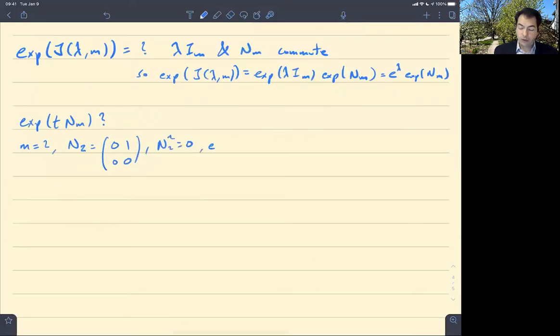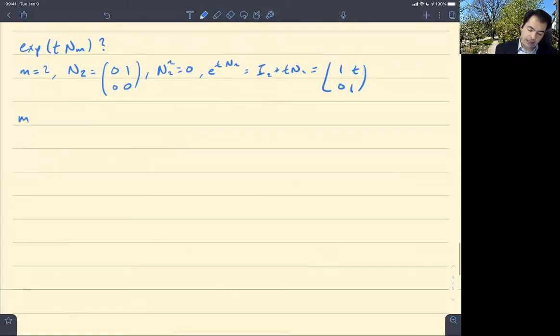So then it's easy to figure out what e to the t N2 is, because you just write down the series and you get I2 plus t N2, and then you stop. All subsequent powers are 0. So that means that we have 1, t, 0, 1, right? That's the exponential of t N2.